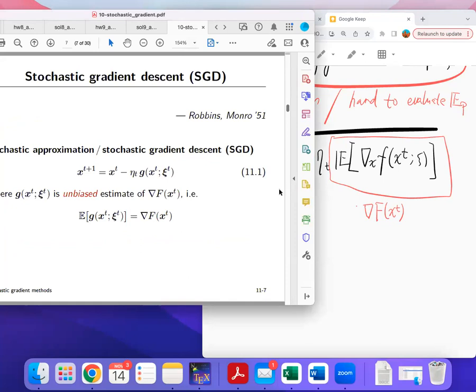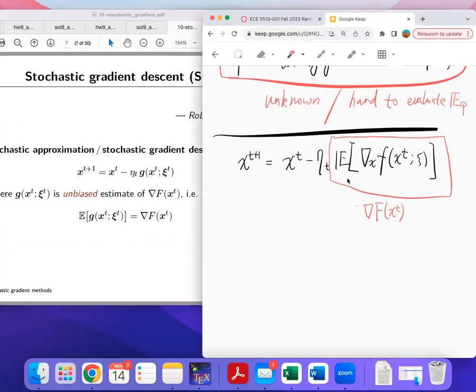So we want to find an approximation for the gradient g(x_t). You can see we are using the same variable x_t because we are at iteration t.